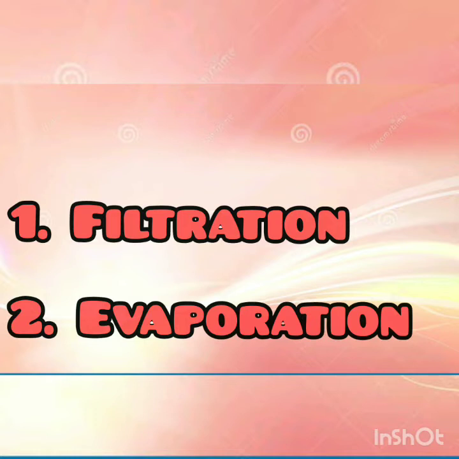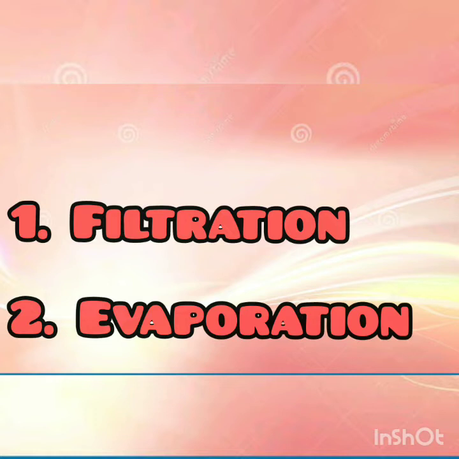So, this difference in their solubility will be used to separate them. First of all, water is added to the mixture of common salt and chalk powder and we stir it. Then common salt is dissolved in water to form salt solution, whereas chalk powder remains undissolved.